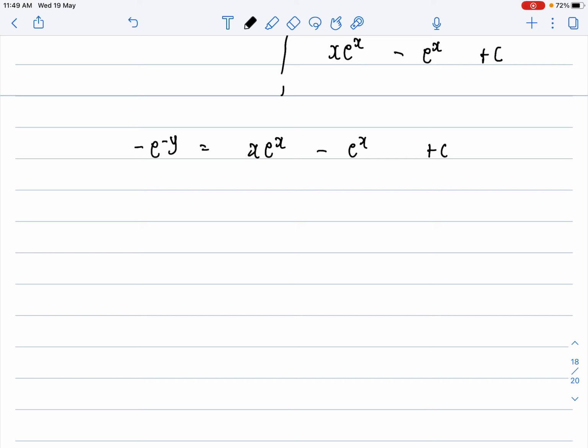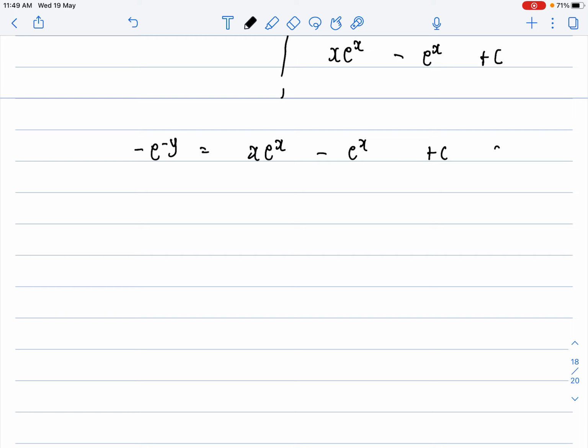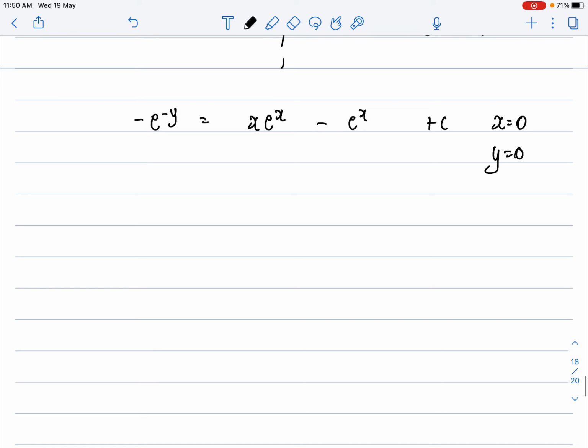So now what I need to do is calculate my c. Obviously I need to calculate my c because I need to write y in terms of x, correct? So I know my x is 0 and I know my y is also 0. So now just substitute in the equation: minus e raised to minus 0 equals 0 into e raised to 0 minus e raised to 0 plus c.